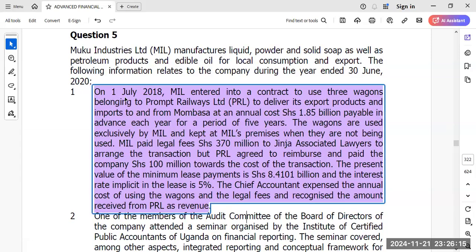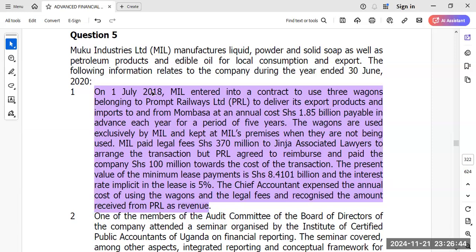They are telling us that on 1st July 2018, MIL entered into a contract to use the 3 wagons belonging to Prompt Railway Limited to deliver its export products and imports to and from Mombasa at annual cost of this, payable in advance. Are you seeing that? Payable in advance each year.